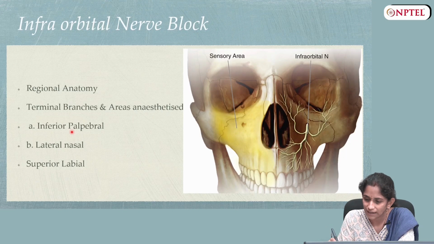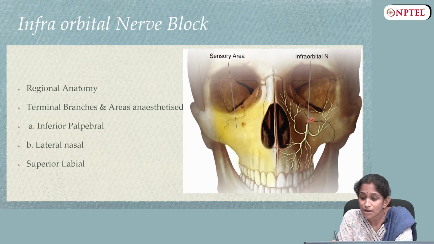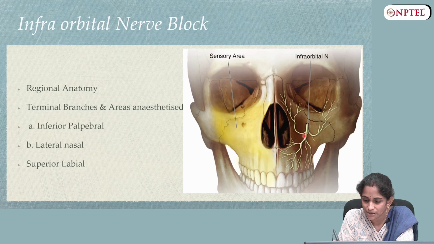This is the infraorbital nerve. As discussed, it is a terminal branch of the maxillary nerve that exits from the maxillary antrum through the infraorbital foramen and divides into its terminal branches: the inferior palpebral supplying the lower eyelid, the superior labial supplying the upper lip, and the lateral nasal branches which supply the nose.